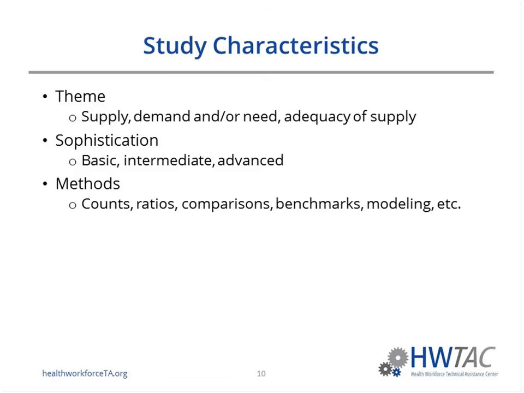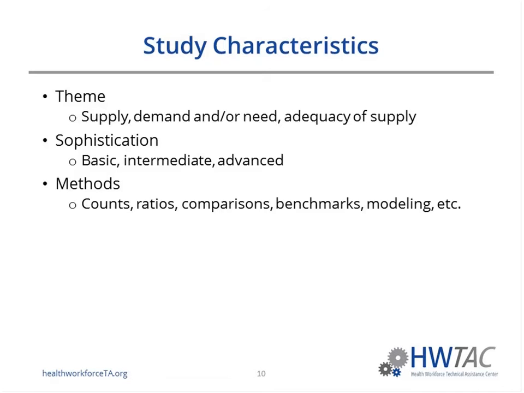Another way to consider the study characteristics is the level of sophistication. And the level of sophistication will become more relevant as we continue this discussion. But first of all, we attempted to classify the level of sophistication into three categories: basic, intermediate, and advanced.